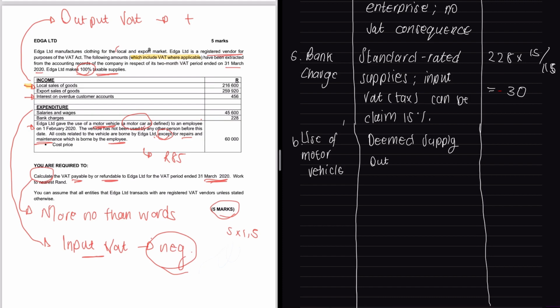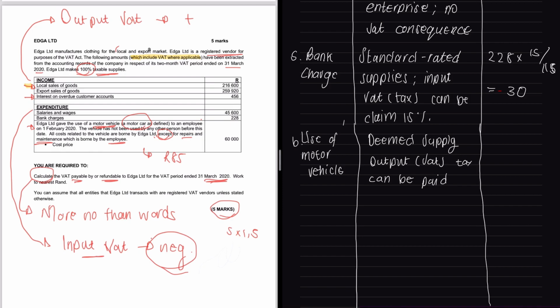Output VAT can be paid at 15%. Not exactly 15% because we have a working for it. What is the working for fringe benefits?